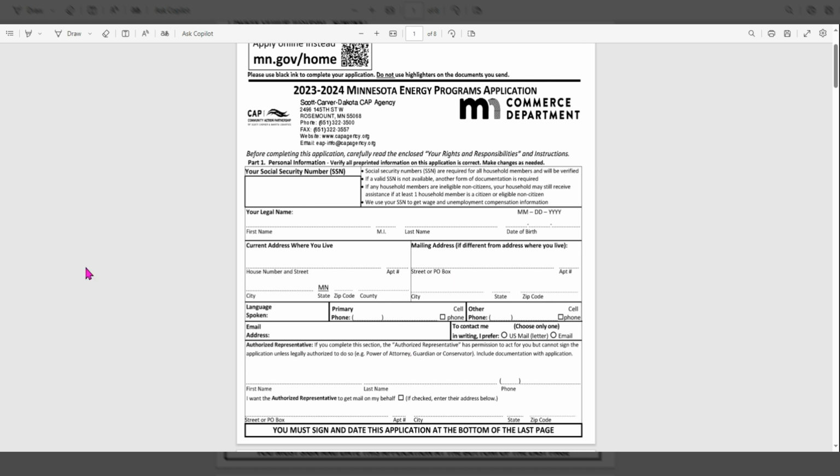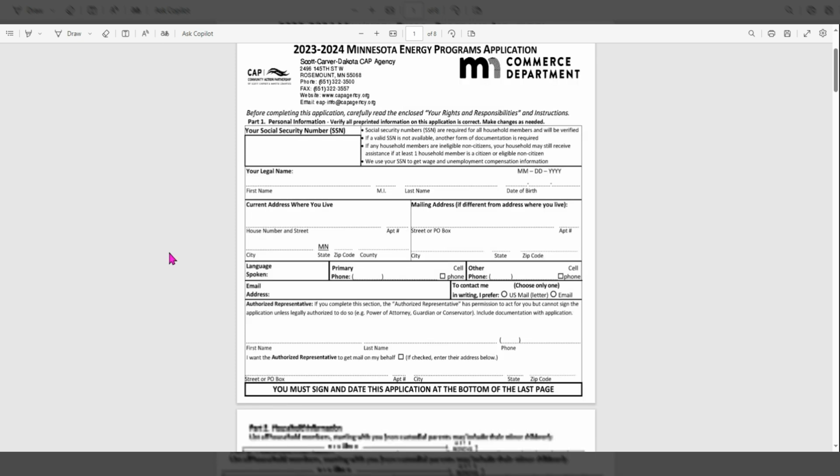If you fill out the application and omit or leave out certain information, we need to contact you to obtain that information. So please put down whether you want US mail or email as your primary contact information.